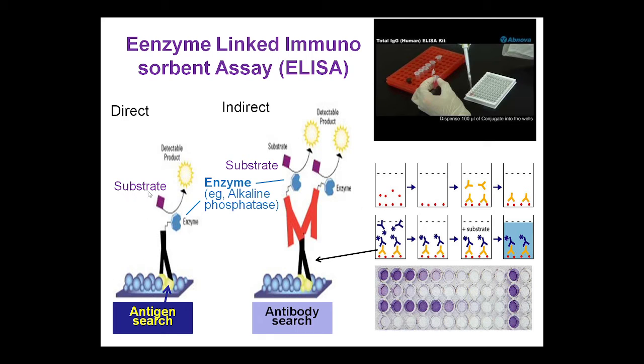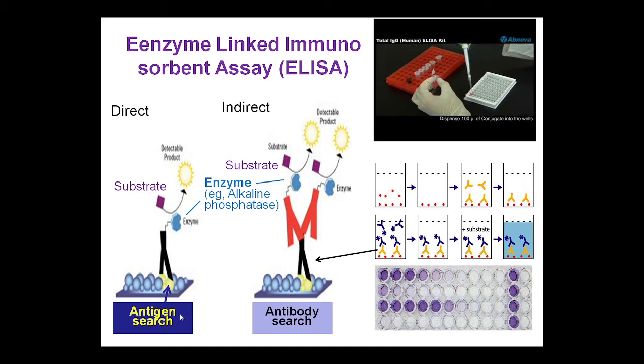After that, you add substrate. Substrate becomes cleaved by the enzyme, and from the colorless state will be converted to the visible state as a dye. In the case of phosphatase, substrate becomes blue. It means if you see blue color development in the well, diagnostic antibodies found the antigen.